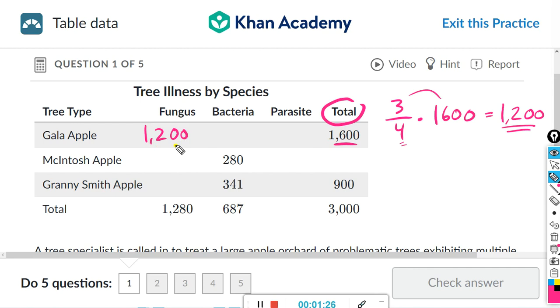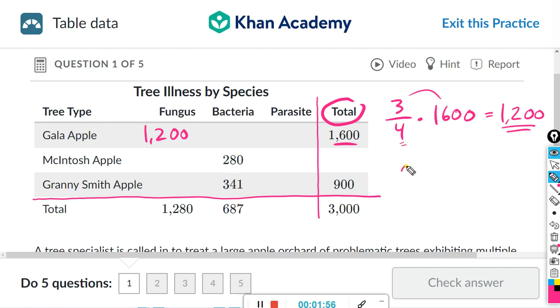All right. And now we can see right here for bacteria, they give us the totals on the bottom. Most of these tables are set up the same in that the totals for the columns are on the bottom, the totals for the row is on the right. So the total for bacteria is 687. So if we subtract these two from 687, we'll get the total for bacteria and Gala apples.